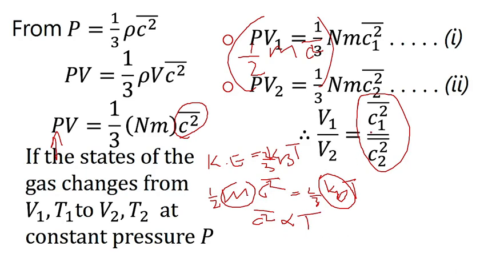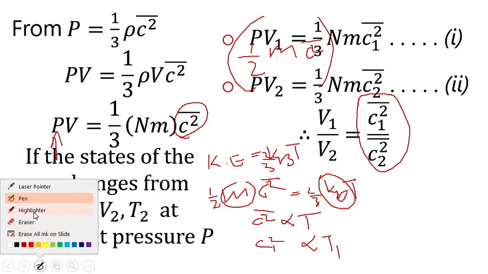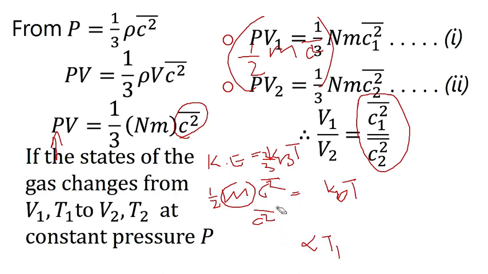That therefore means that C1 squared bar will be proportional to T1. And in a similar way, C2 squared bar will be proportional to T2.